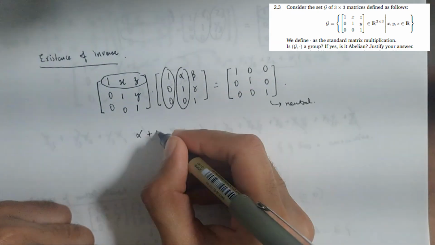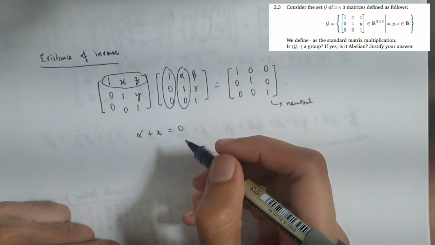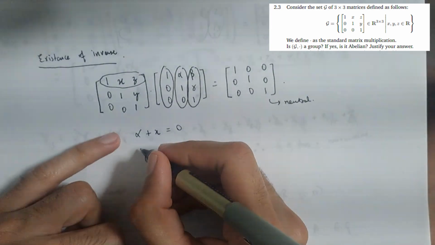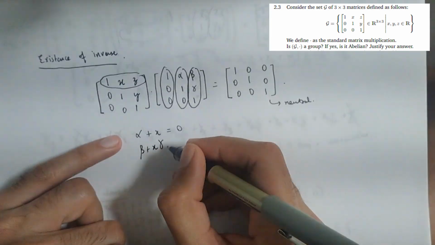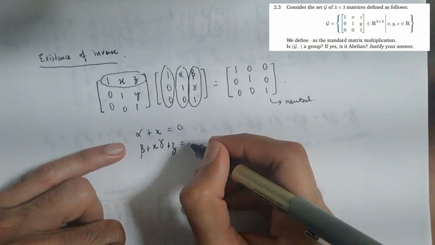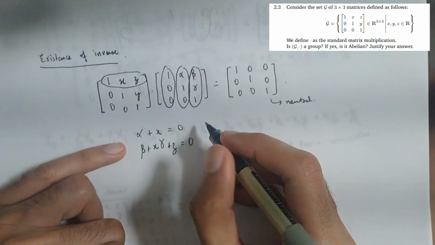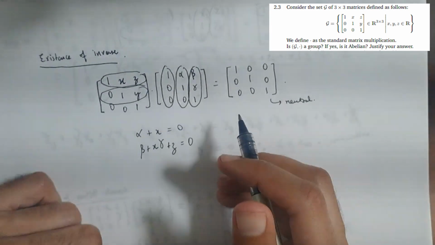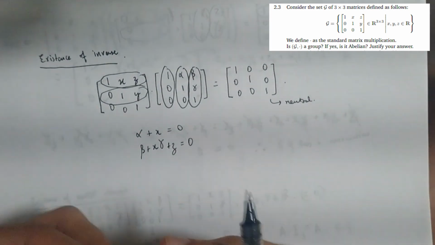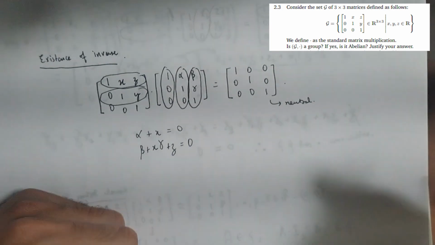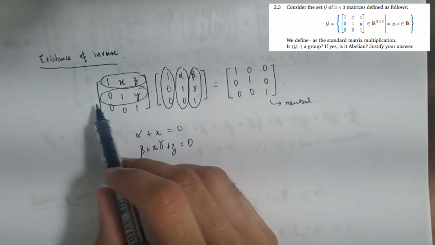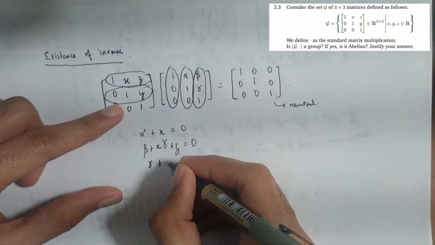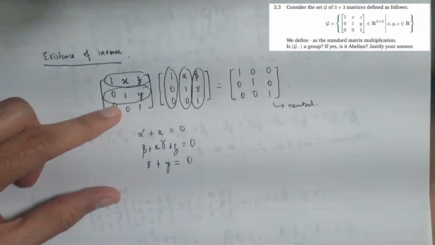That gives you alpha plus x is equal to 0. Then with this would be something like beta plus x gamma plus z is equal to 0 as well. Then you can have something like here, and this would be, my bad, zero beta, so this would be gamma plus y is equal to 0.